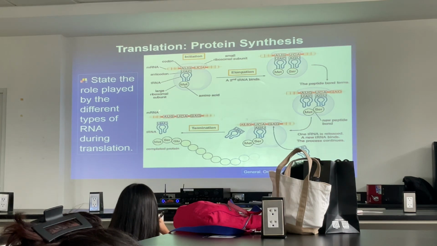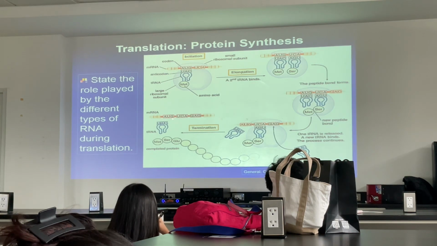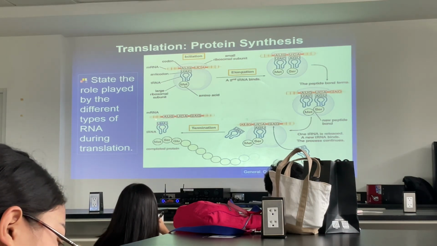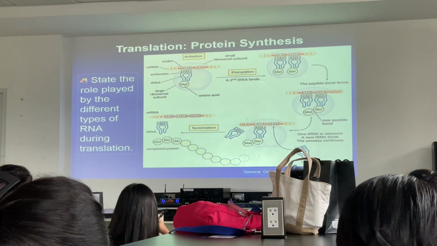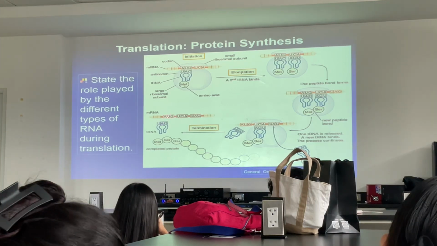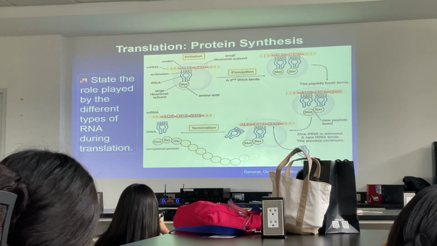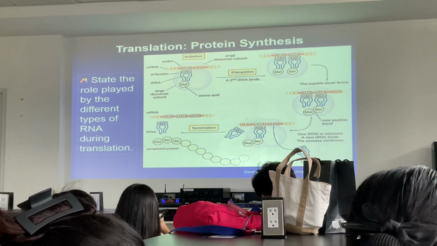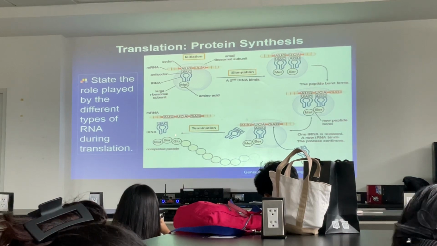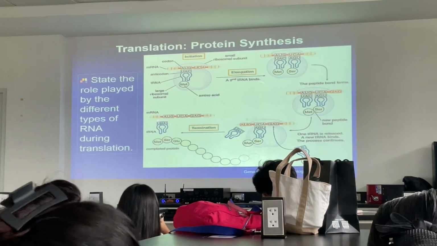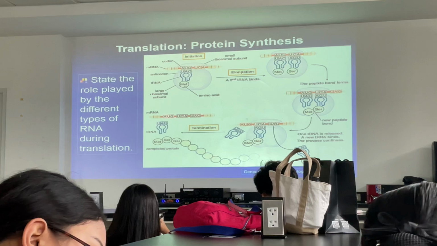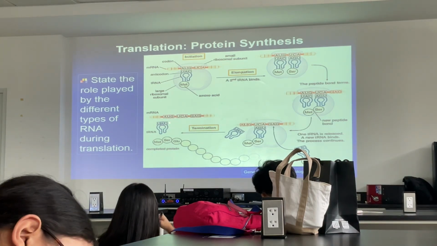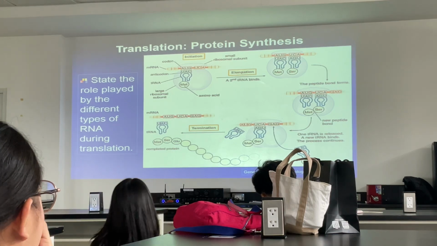So if the codon in the mRNA is AUG, the anticodon of the tRNA will be U pairing with A, then A pairing with U, and C pairing with G. Therefore, this will enable the tRNA to bring the correct amino acid, which, if that is AUG, will be methionine, because there is an anticodon in the tRNA molecule.